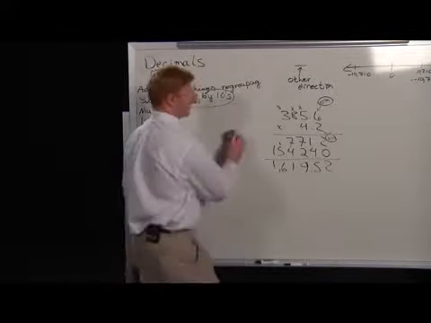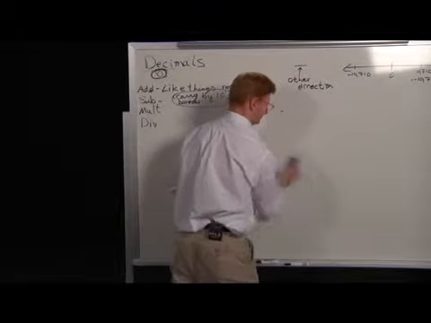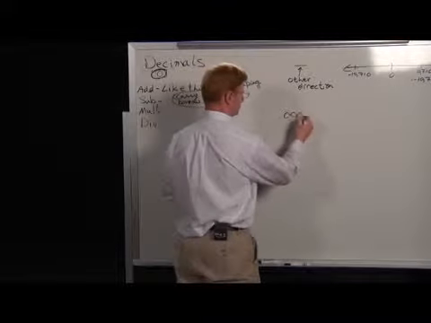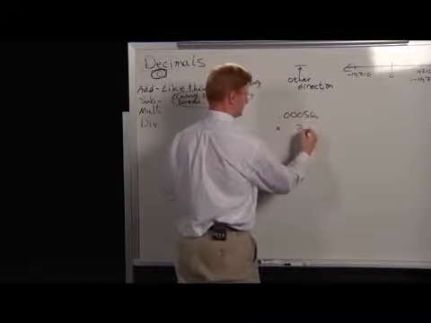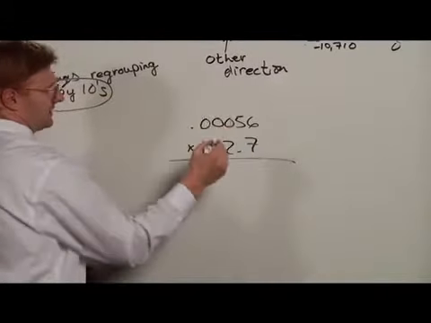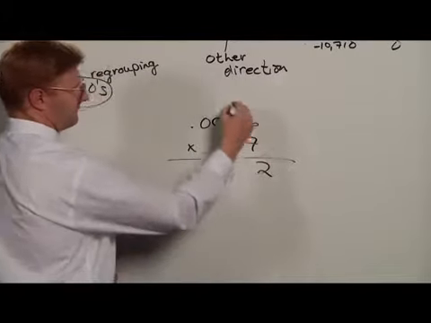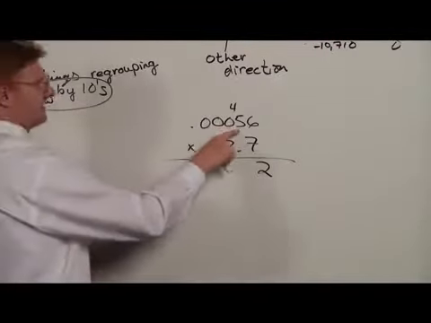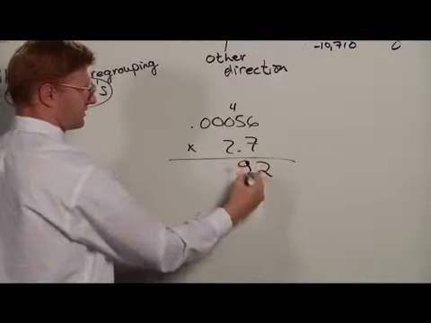Let's do one more of those examples. Seven times 6 is 42. 7 times 5 is 35. Plus 4 is a 39.